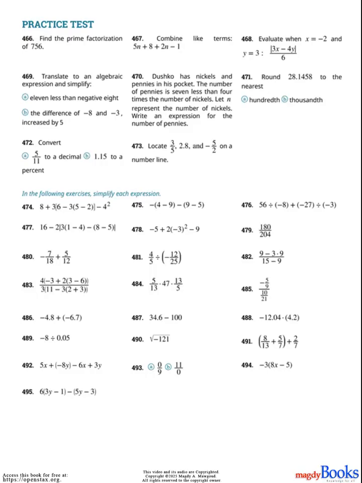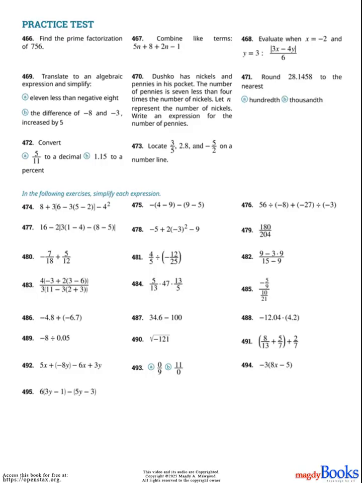Square root of negative 121. 491. (8/13 + 5/7) + 2/7. 492. 5x + (negative 8y) minus 6x + 3y.